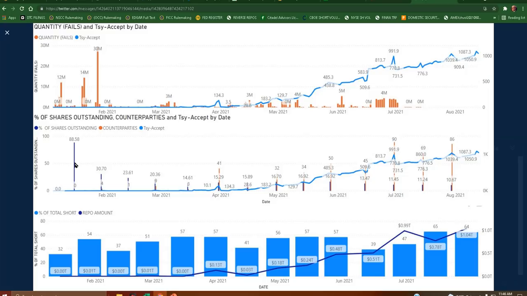Now, while that is a metric that is not accurate, we can still use it as a benchmark for the overall model. And then down here on the third graph, that's just your percent total short for each of those days that I mentioned as far as the short volume, and then the repo amount.